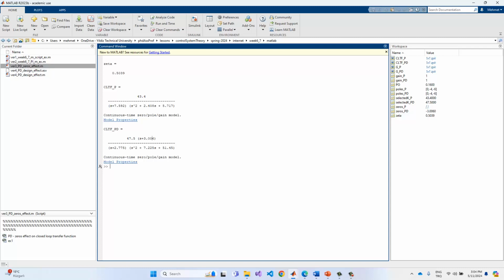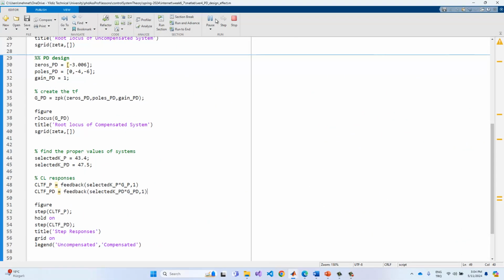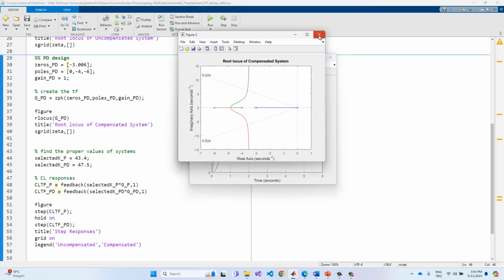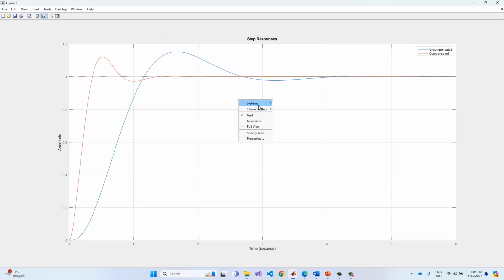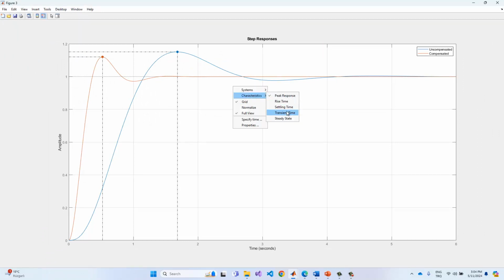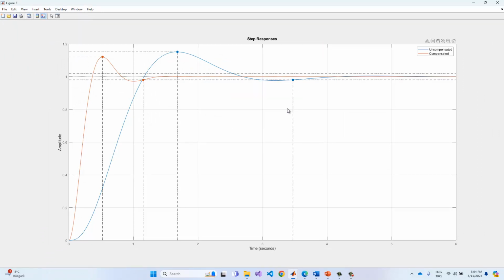Just remember that. And so if I rerun this code, we will analyze the closed loop response of the system, the characteristics of the peak response in here, and also we need to check the settling time in here.